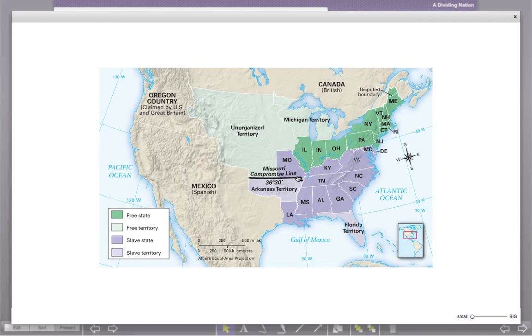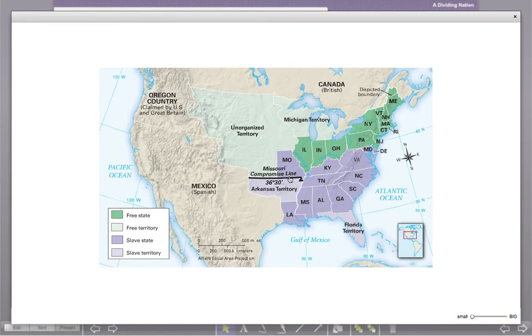Now, it looks like, oh, well, hold on. ME. So it looks like this is no longer controlled by that. It looks like they added Maine as a free state. So now they added Missouri, they added Maine, the balance remains between free and slave states.